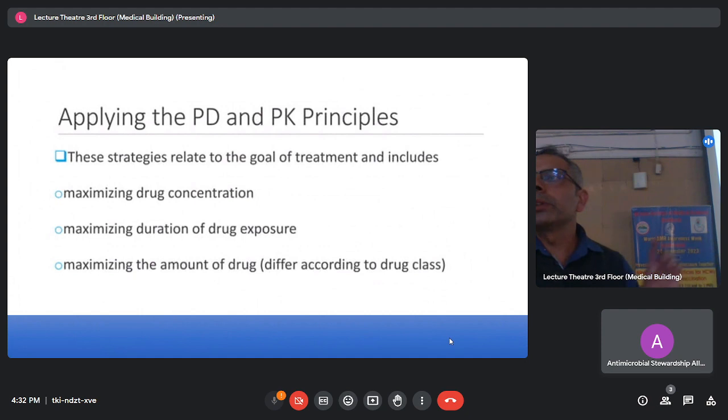I'm telling you to assess your patient clearly. Bloodstream infections, sepsis, scoring systems, all those things apply. On the basis of the patient's condition, maximize all these things. Maximize ultimately the exposure of the individual to the antibiotic.